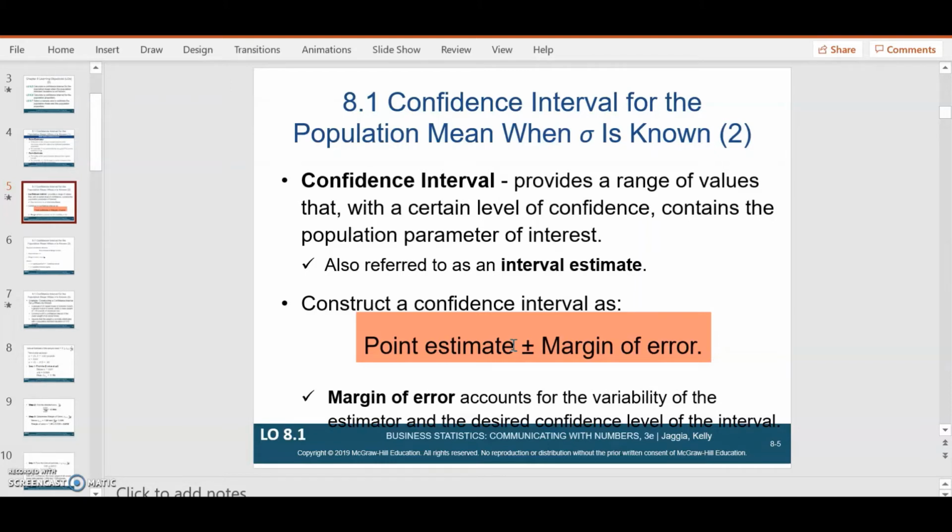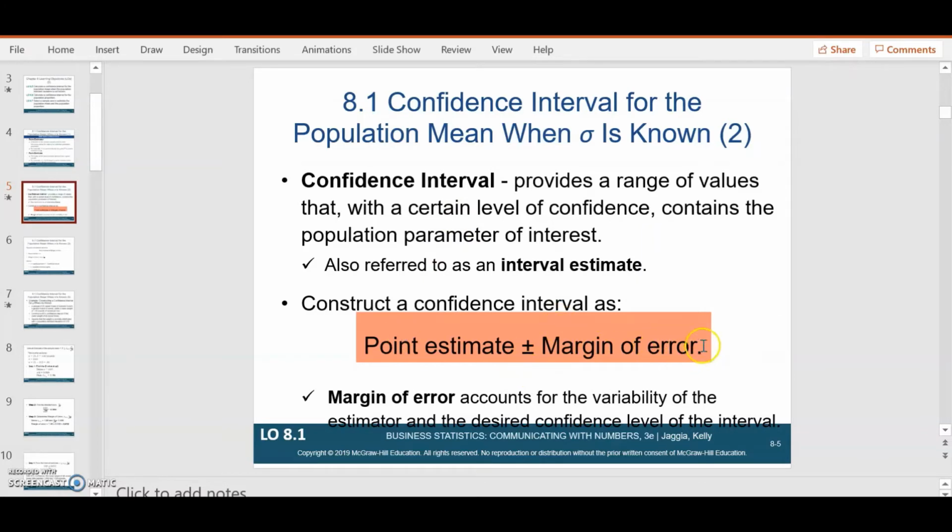We use the sample mean as the point estimate when we want to create the confidence interval for the population mean, while the sample proportion is used when we want to construct the confidence interval for the population proportion.